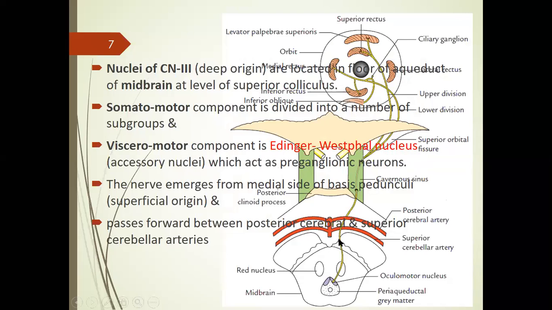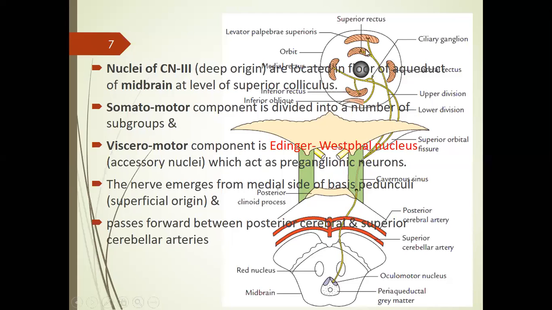So this nerve emerges from medial side of cerebral peduncle and passes between posterior cerebral artery and superior cerebellar artery. Then it will pass through the cavernous sinus, then superior orbital fissure. Here it divides into upper and lower division.